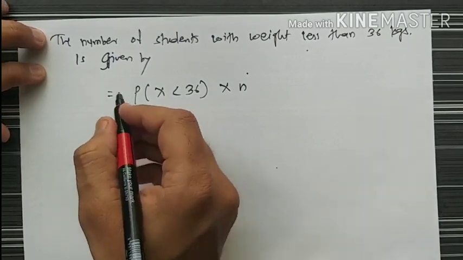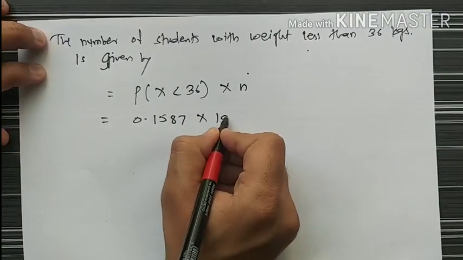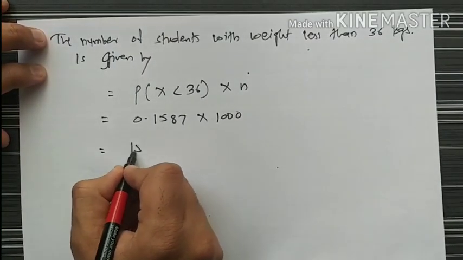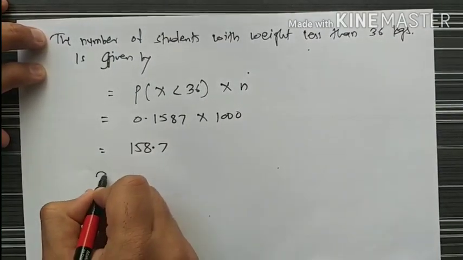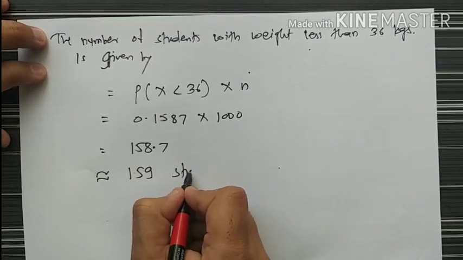With the calculated probability 0.1587 multiplied by 1000, we get 158.7, approximately 159 students.